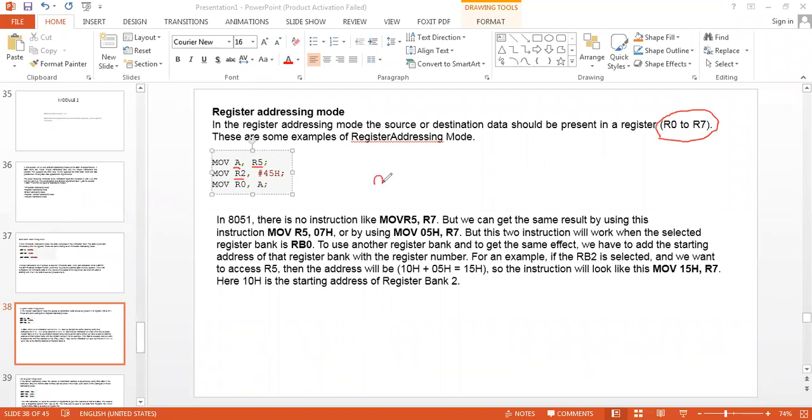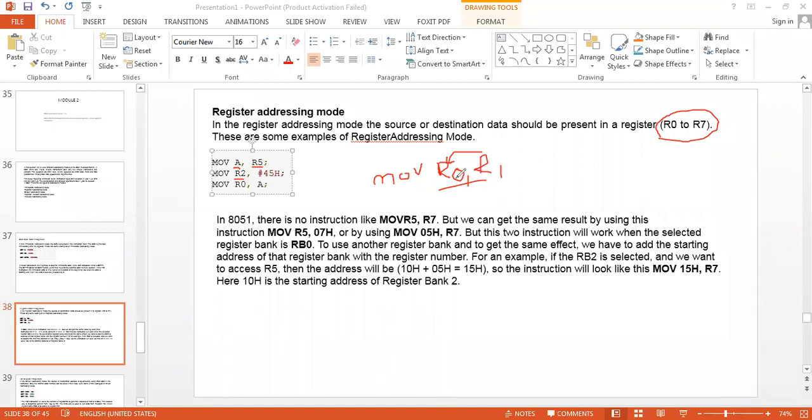I cannot write like MOV R0, R1. This is invalid, an invalid instruction. I cannot copy directly from R1 to R0. Both should not be registers, but one of the operands should be a register.